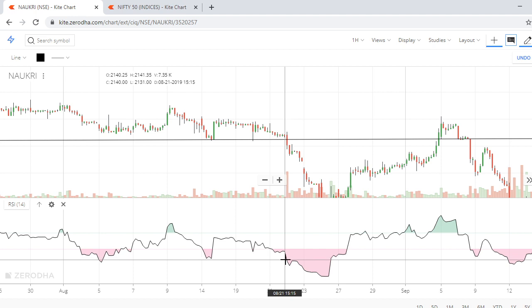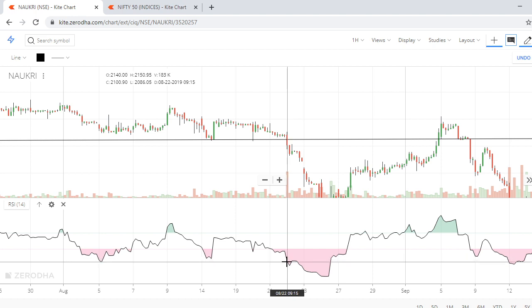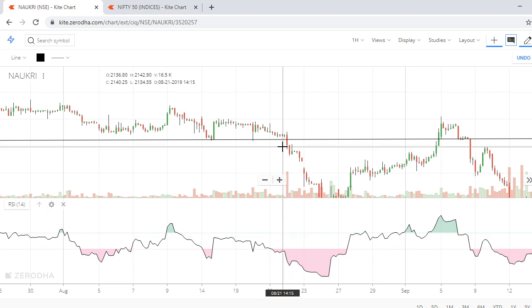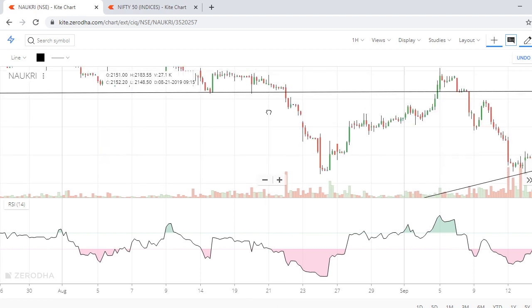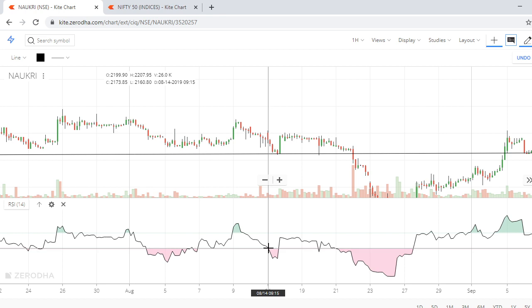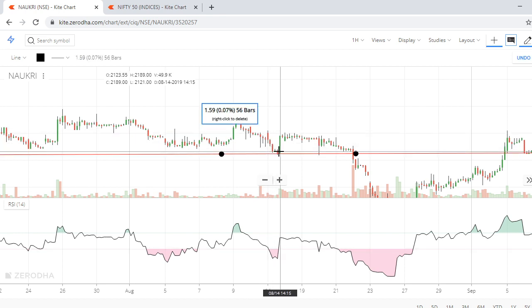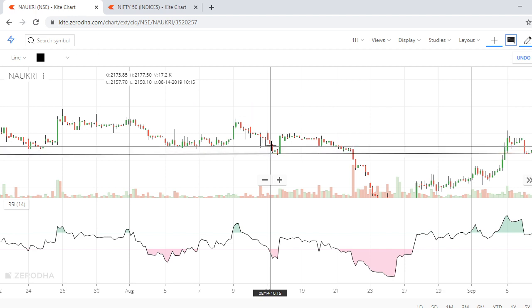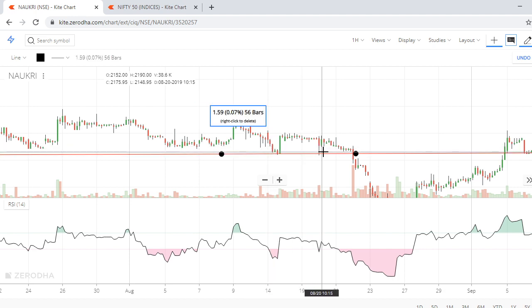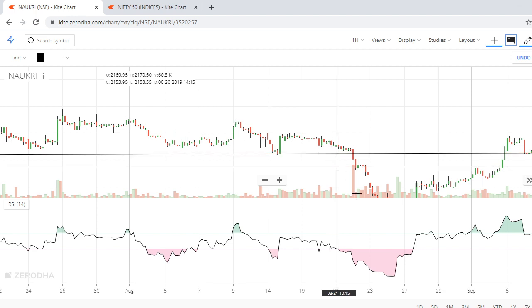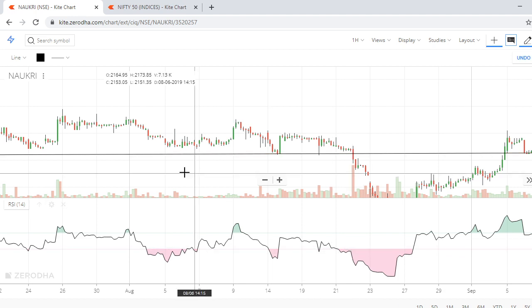It's almost below 40, somewhere around 24, 25. So this is a good time to short, because this happened in the same candle. Even here you could short after this red candle, but the move is small because it is at the support zone, so we don't sell. That's what I said. First we need to get the confirmation from the price action, then check with the RSI what it is telling you.